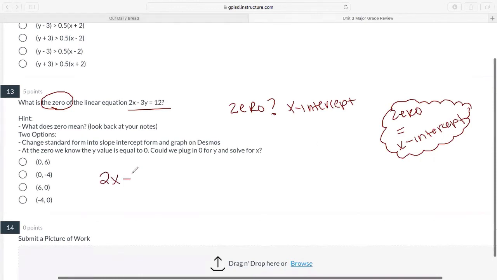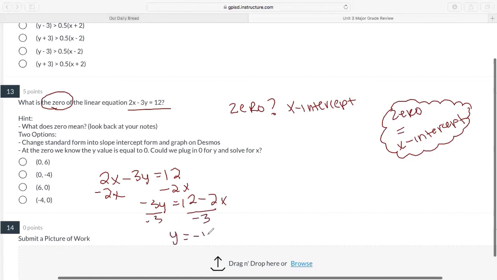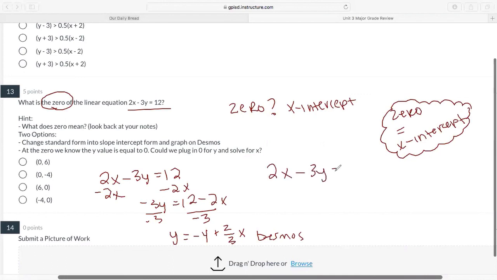You could change this to slope-intercept form, which should be by now pretty easy to do. It's the same two steps. So I could change it into slope-intercept form and go check Desmos and see where the graph crosses the x-intercept. Or I could just use the standard form and think about this real quick.